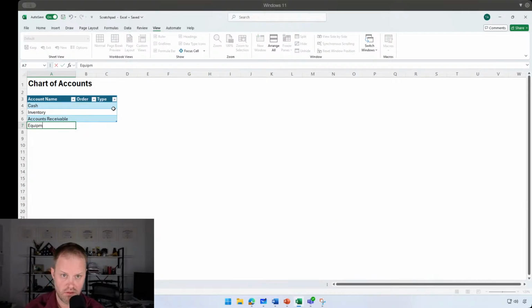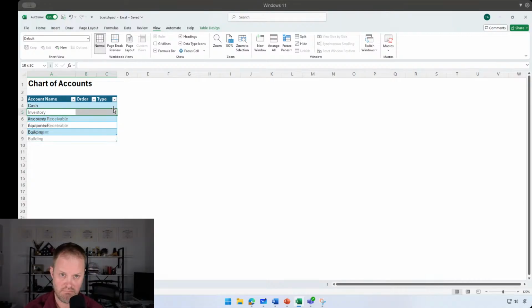Equipment. I don't know, I'm going to have to go look and see what's common. But for now, let's just say equipment. I'll just say building. Let's get work in process on here.